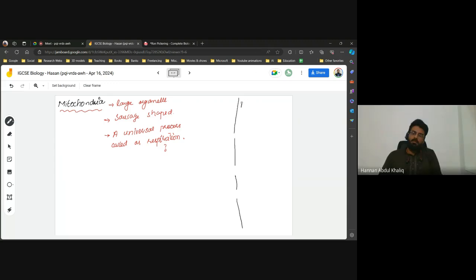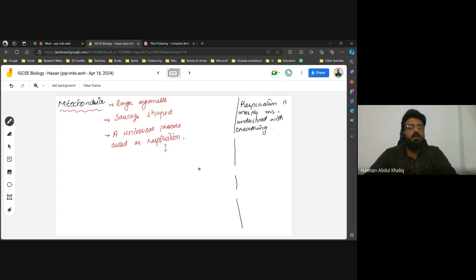Respiration is mostly misunderstood as breathing. It is one of the biggest misconceptions that bothers students every time.